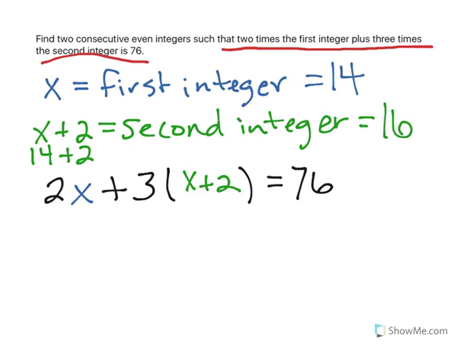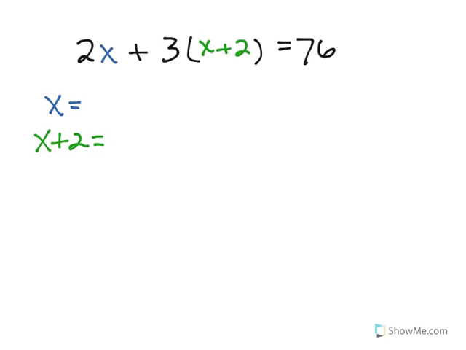Now that we have our first and second integer, we can plug these numbers back in to the equation to check our answer. So again, x equals 14, x plus 2 equals 16, and we're going to plug these values into our equation to see if we get 76.